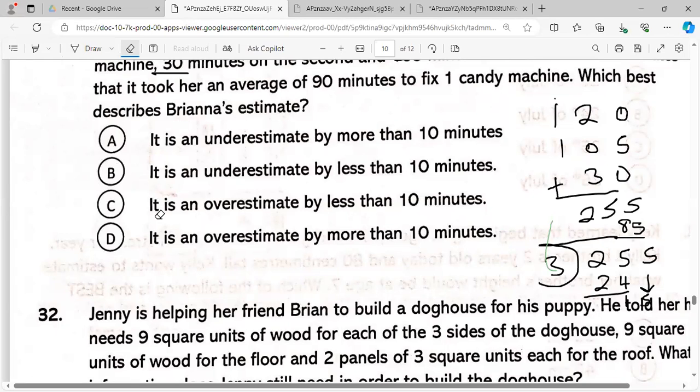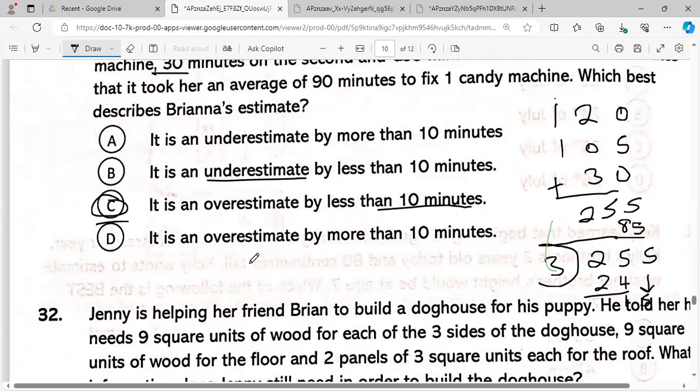Actually I said C, because it was 85 minutes. Because 90 minutes is not an underestimate. It's an overestimate by less than 10 minutes. So it's C.